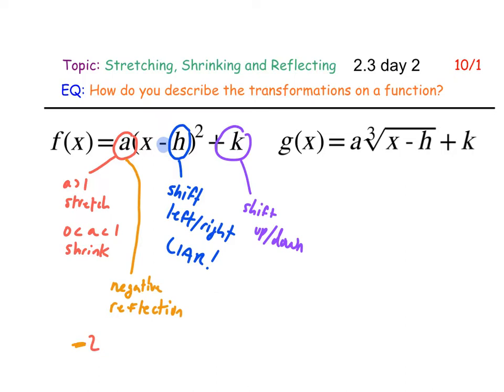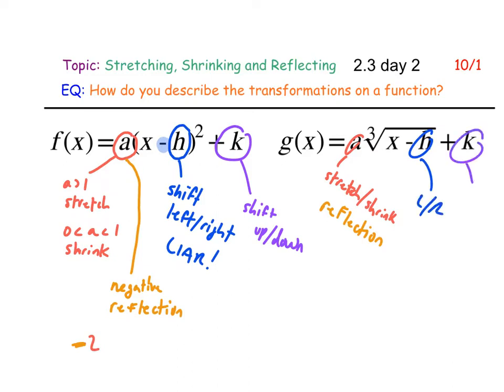A still is our stretch, shrink, and then reflection, and then H is still our left and right shifts, but lies to us, and then K is still our up and down, but we trust him.